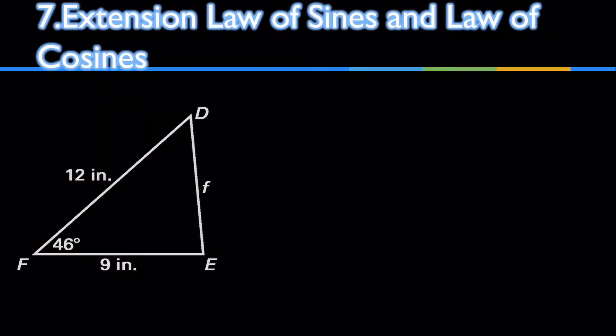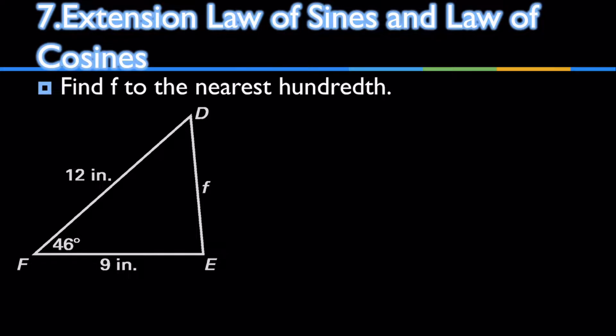So let's solve. Actually, it says find f to the nearest hundredth. I think we'll end up solving it anyway. So this is a SAS case. I have 2 sides and the angle in between, so it's law of cosines. I'm looking for side f, so the first letter is side f, and the other 2 sides go in the middle, and it's cosine of the first letter.